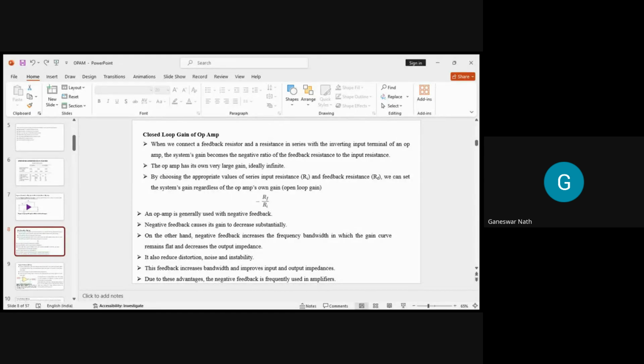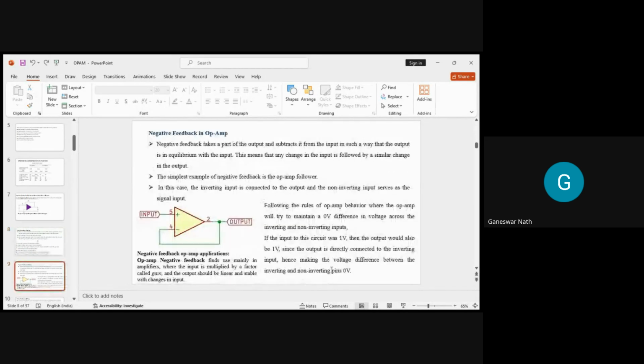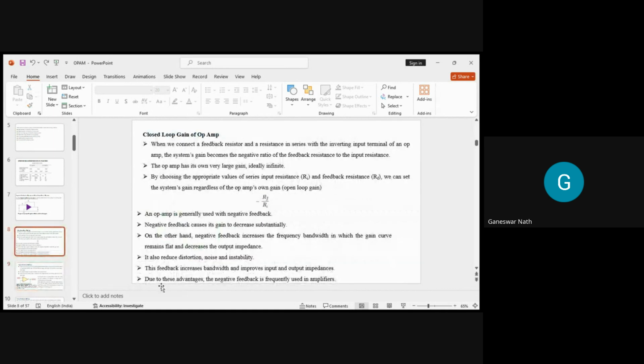This feedback increases the bandwidth and improves the input and output impedance. Due to these advantages, negative feedback is frequently used in op-amps. So this may be a question: why is the op-amp always working with negative feedback, not with positive feedback? Am I clear to all?